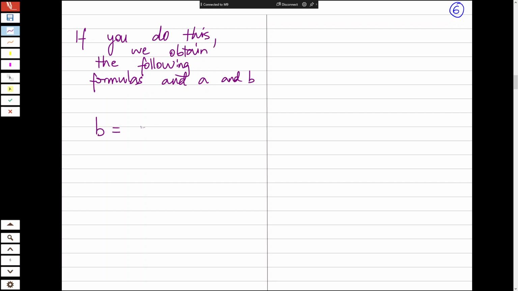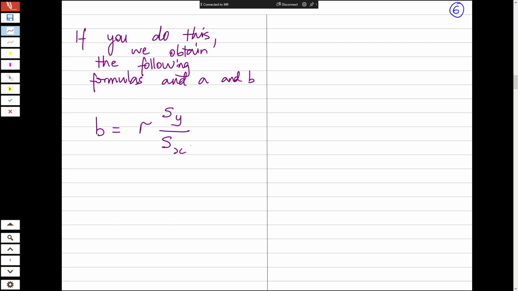B equals R, the correlation coefficient, that should look familiar, times SY, the standard deviation of Y, divided by SX, the standard deviation of X. You've seen these three numbers before.